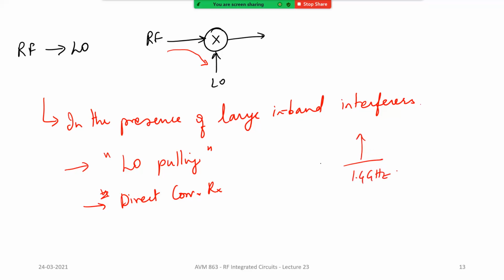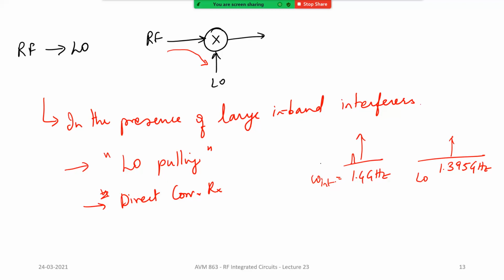And let's say this is your omega RF, which is an interferer. My LO is supposed to be at 1.395 gigahertz, very close by. Your desired signal is at 1.395, and the interferer is at 1.4 gigahertz.